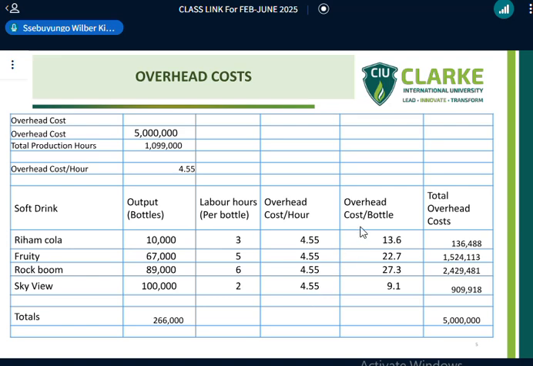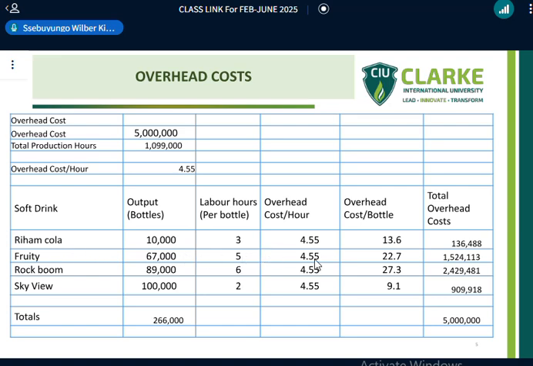Now what I've done is to make sure that I get overhead cost per bottle. This 4.55 here is per hour. For Riham there are 3 hours for producing a single unit bottle, so 4.55 times 3 gives the overhead cost for a bottle of Riham, which is 13.6. Now I'll go to Fruity and do the same.